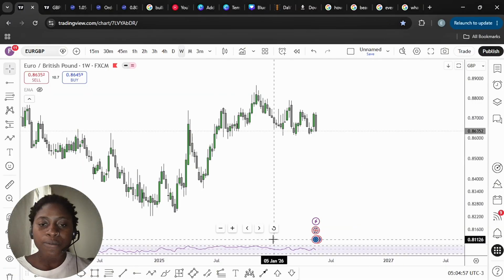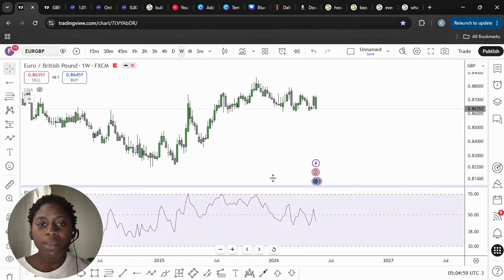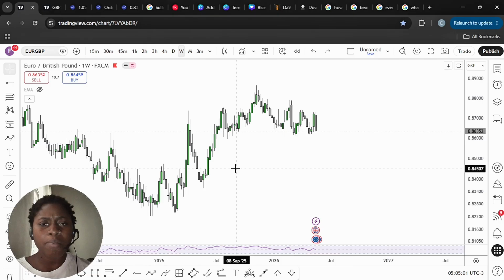I'm predicting it. Now, this is the weekly time frame, and here just looking at the chart, you'd say, okay, this is an uptrend. If you say that this is an uptrend, you are correct. All right. But here I'm seeing a sell. I'm seeing a sell opportunity, and it's a high probability setup.